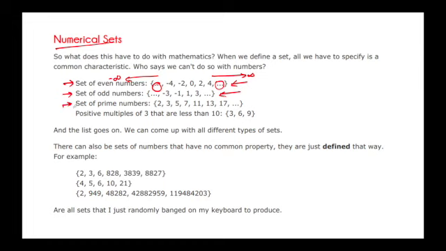In terms of the set of prime numbers, it starts at 2 and it goes to infinity. Right? Positive multiples of 3 that are less than 10. So this is the set. Positive multiples of 3 that are less than 10. So sometimes they will write out a description of the set, and you are going to have to list the elements. Right? So you could tell here that we have many different ways to write sets, and that we'll have to deal with numerical sets as well. Yeah.